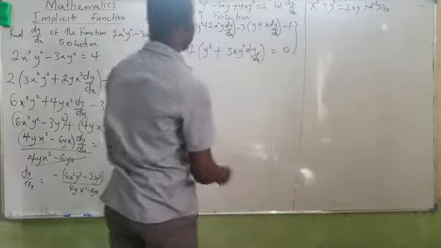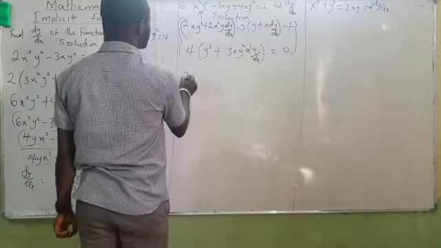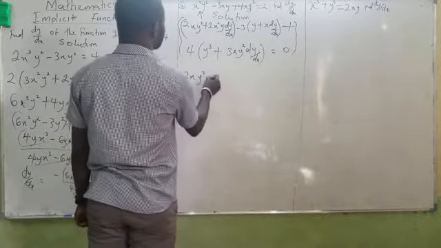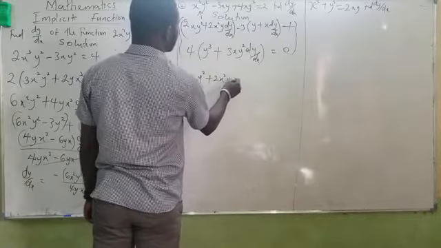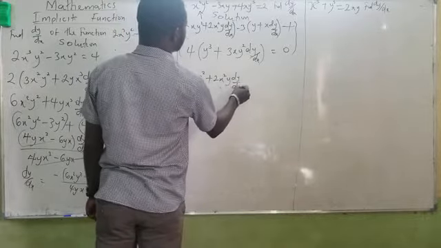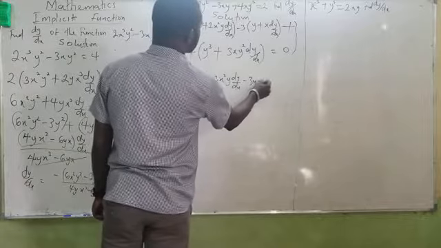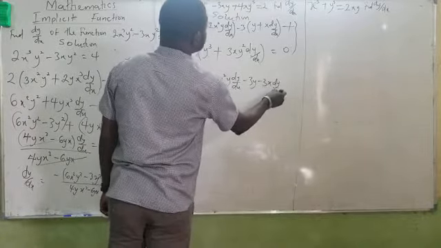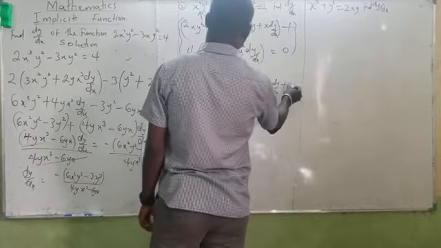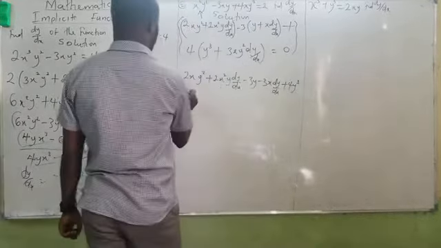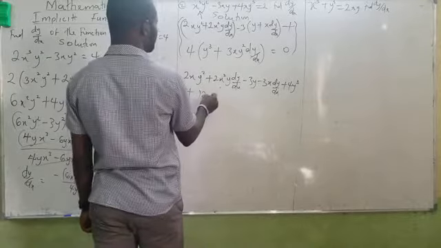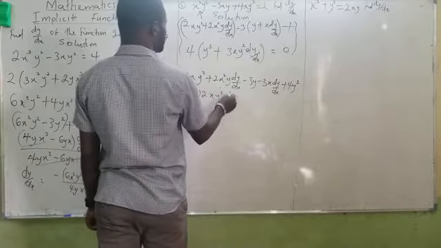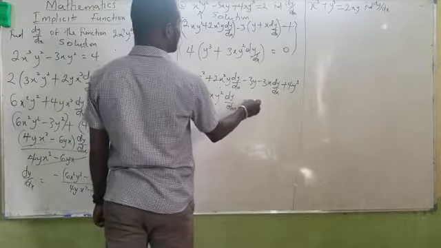Now, since I have this, I can now say that what? 2xy squared plus 2xy dy dx minus 3y minus 3x dy dx plus 4y cubed plus 12xy squared dy dx equals to 0.